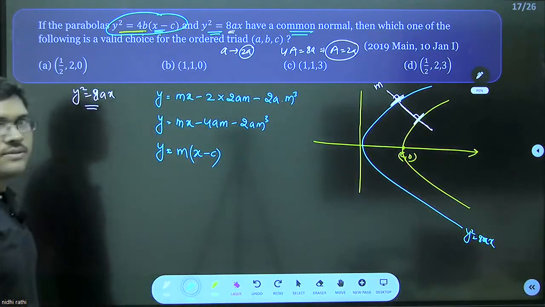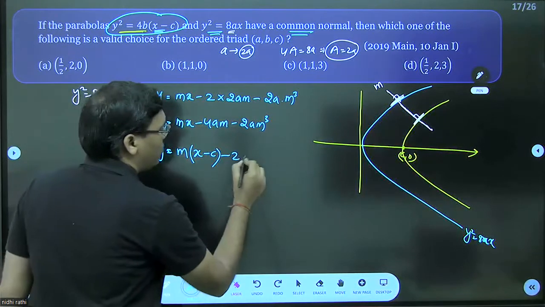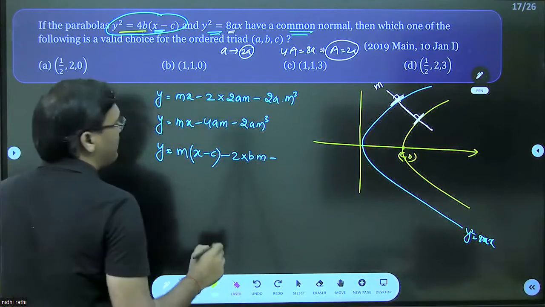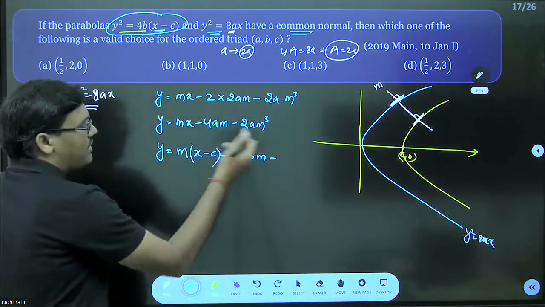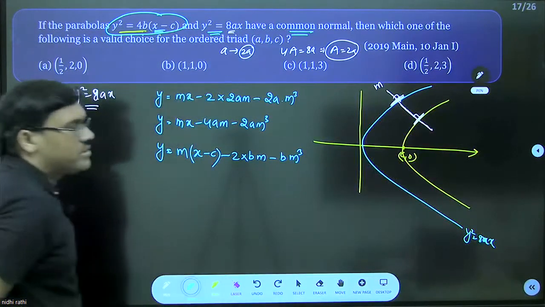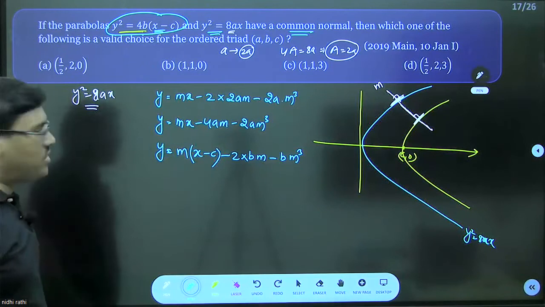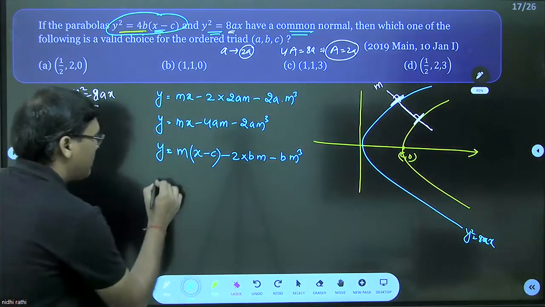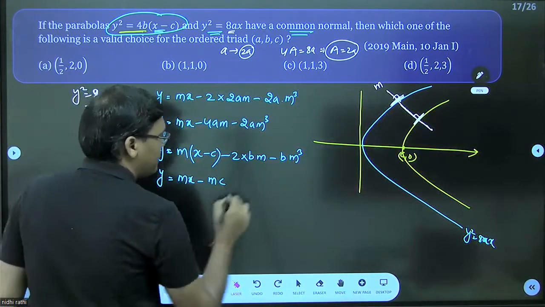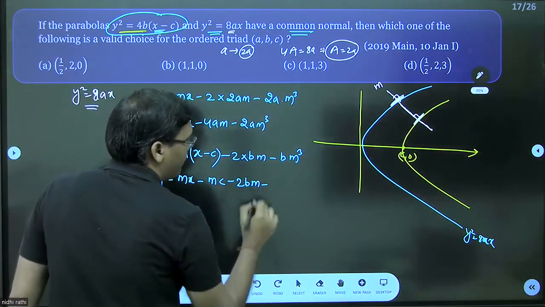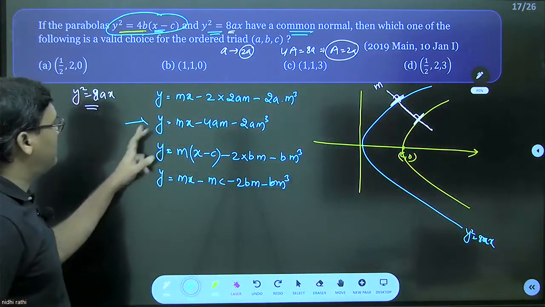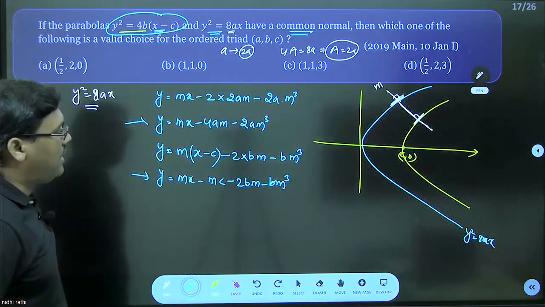So this is y is equal to m(x minus c) minus 2bm minus bm cube. I hope this is clear. You can check this equation of normal, right? So if I simplify this, this is y is equal to mx minus mc minus 2bm minus bm cube. This is the equation of normal for the second parabola. I hope this is clear.